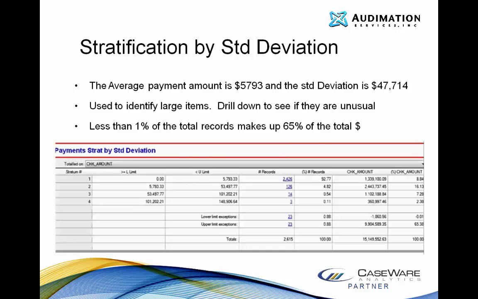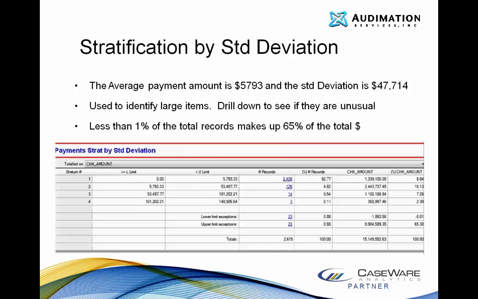And I was listening to a webinar a couple months back on transactional scoring, and they said that a large item statistically is generally one that's more than 2 standard deviations away from the mean. So a light bulb went off and I said, okay, I can start to use that as a way to define what I'm going to look at for being large.